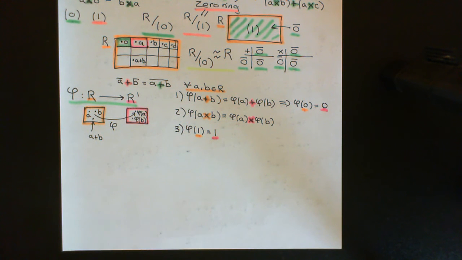Okay, right. So you do need to state that as a separate criterion that the ring homomorphism must obey. So if this mapping obeys these 3 criteria, then we call it a ring homomorphism, and it warrants study if it satisfies these 3 criteria.